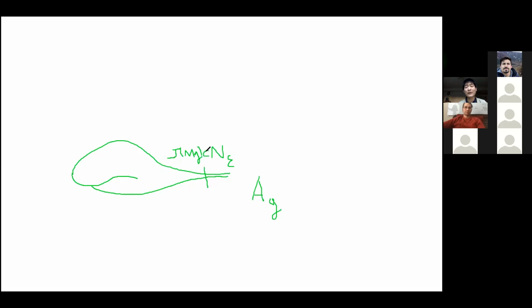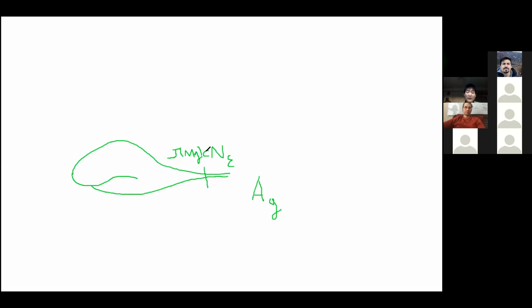Okay, so this is like my AG. A better picture, AG here. So here I have a tubular neighborhood near infinity, N epsilon. So this is JMG, which is contained in this.